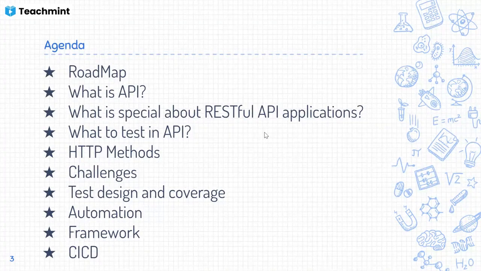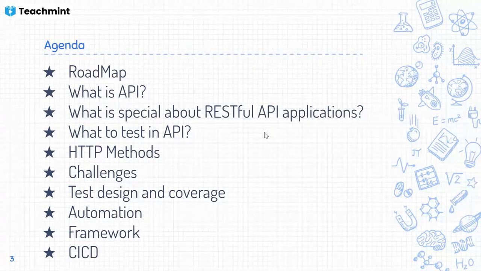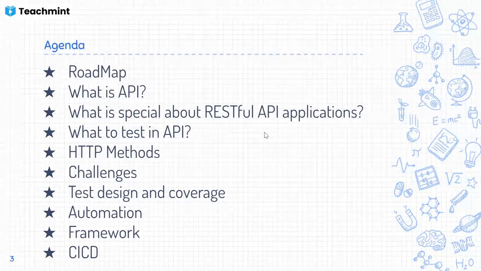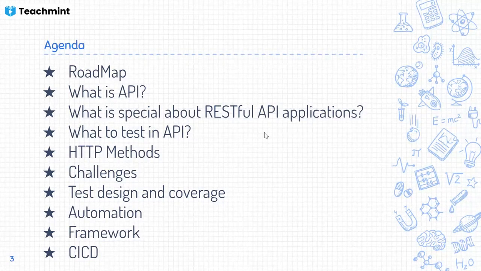And then I'll give a brief introduction about what is API, how the API got evolved, and what exactly we have to test, what are the tools available in the market, which tools I have selected for this course, and why I have selected those tools. So we will discuss those topics, and then from Monday we will get into the basics, and then we'll do the test design as well as automation for RESTful APIs.